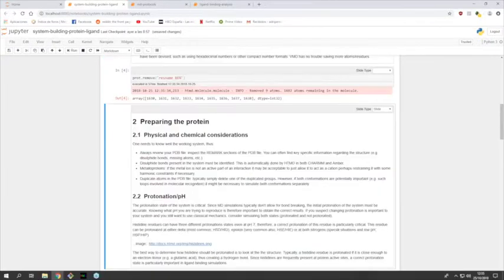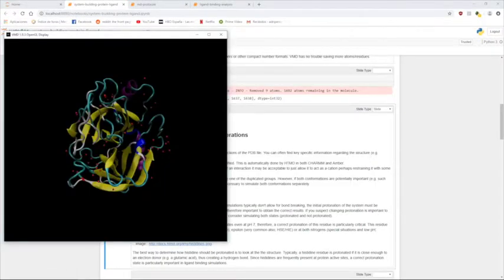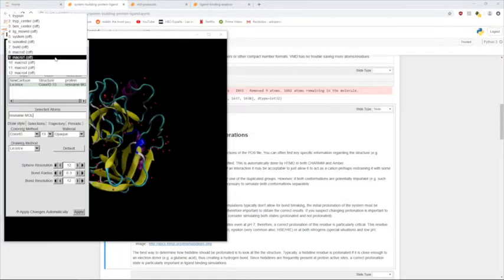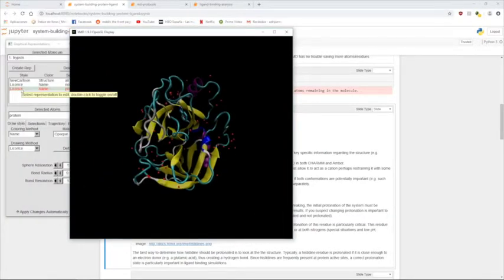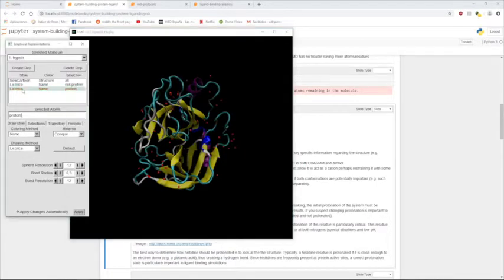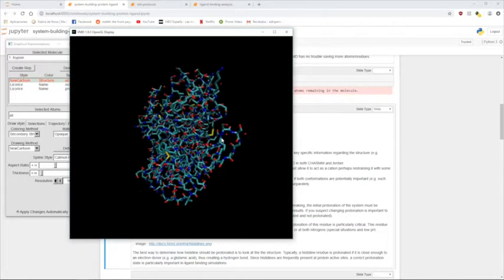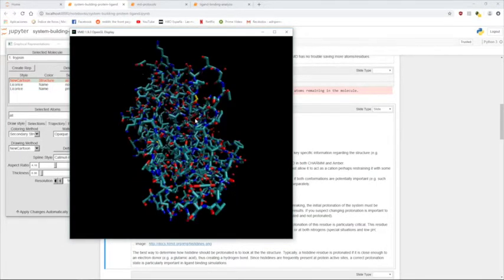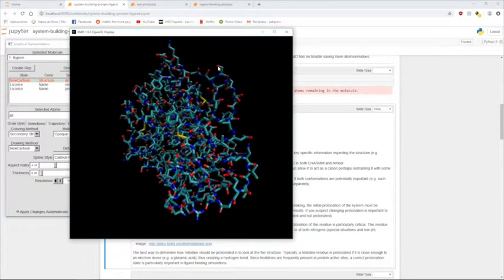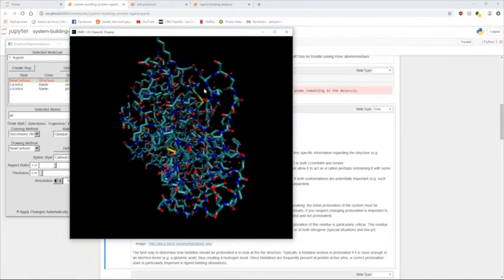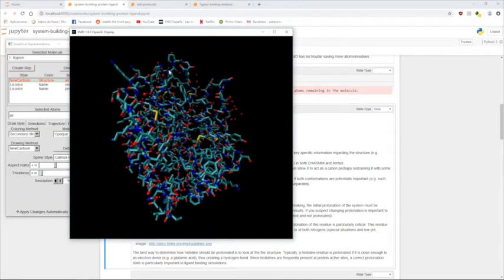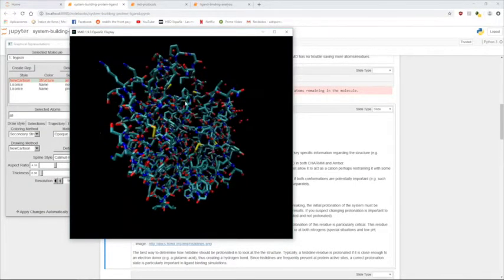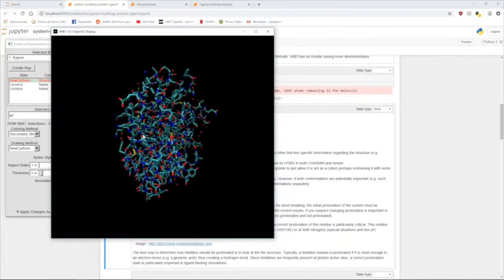I didn't show it here, but usually PDB files, because it's a crystal structure, come out without hydrogens. It just comes with carbons and nitrogens, so it doesn't have hydrogens.